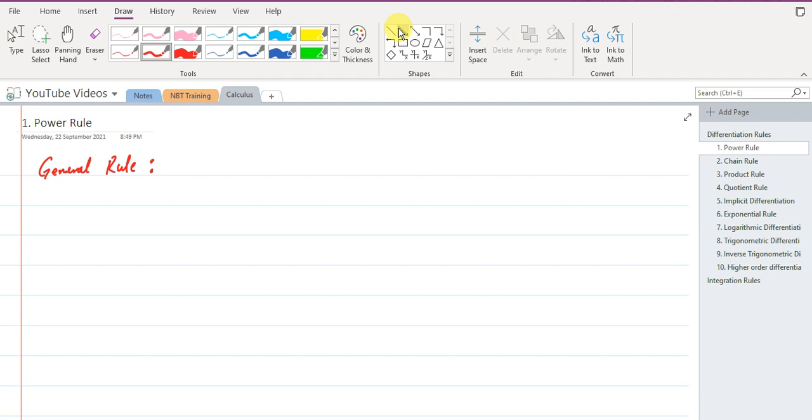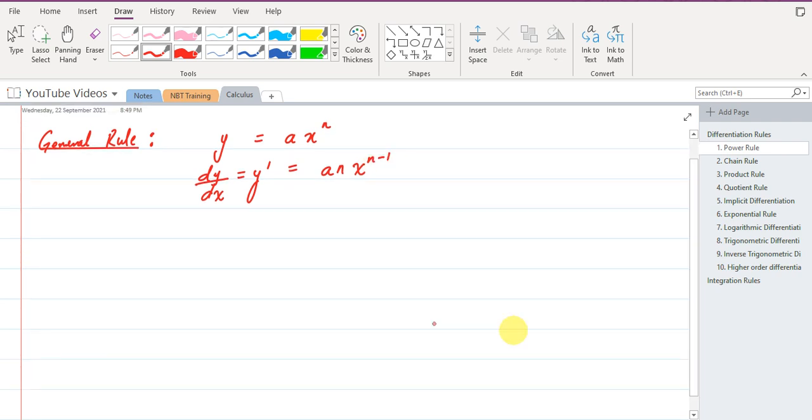If we have y is equal to ax to the power n, then dy dx, or sometimes we call it y prime, is equal to a times n x to the power n minus 1.